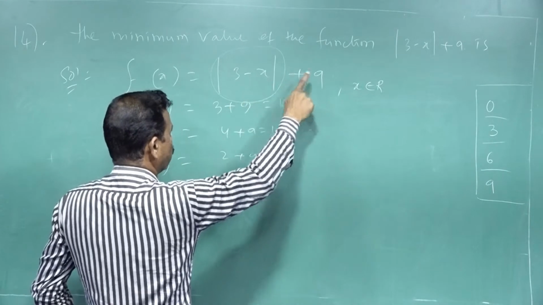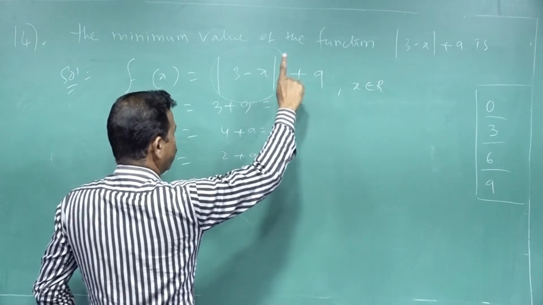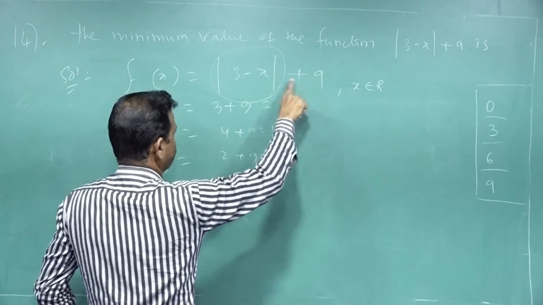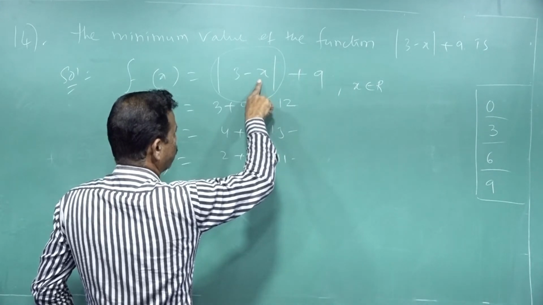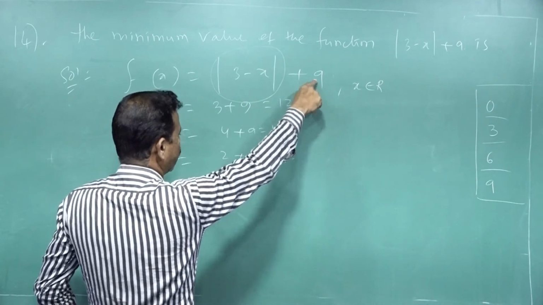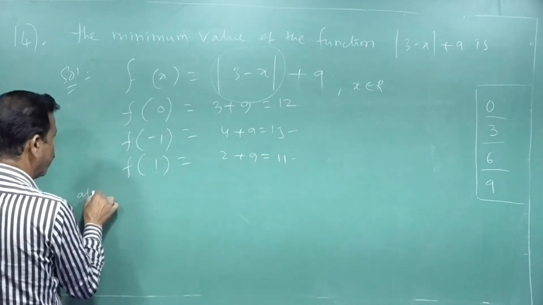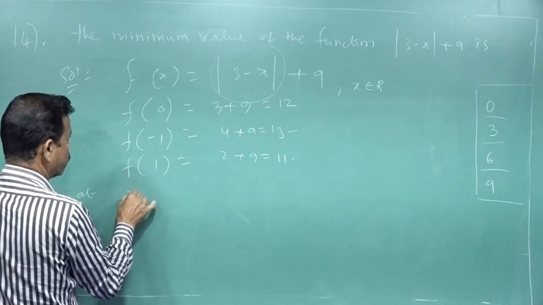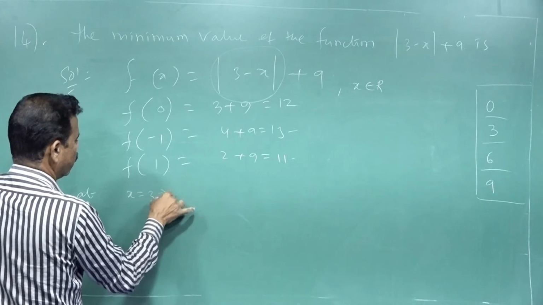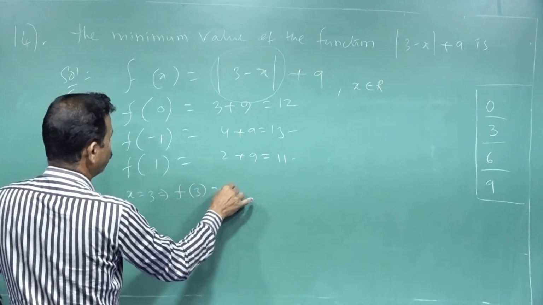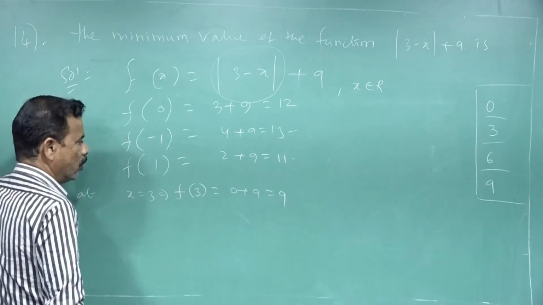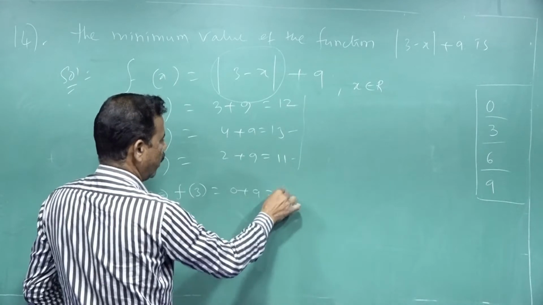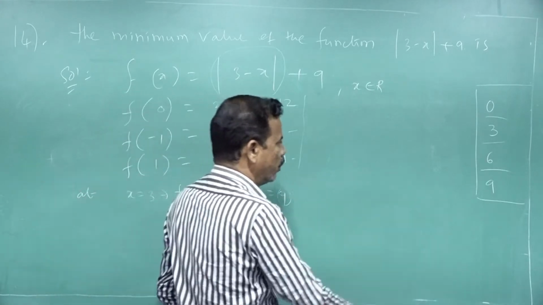This is 2, this is 11, this is 3, it is 9. 3 minus 3 is 0. So at x is equal to 3, this value is minimum, 9. At x is equal to 3, f of 3 is equal to 0 plus 9. So this is the minimum value. Compared to those values, 9 is the least value. So 9 is right.